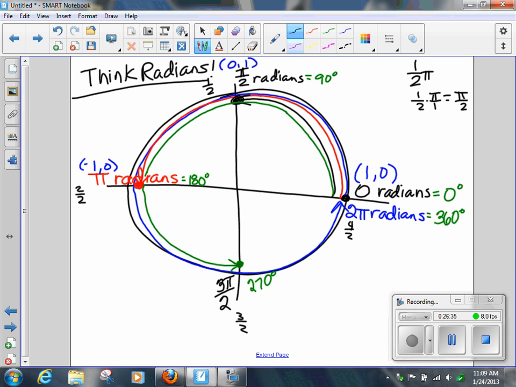Folks, look up here. That much information is what we're getting ready to put on this unit circle, and you're going to memorize it first, and then you're going to learn it, and it'll be with you forever.